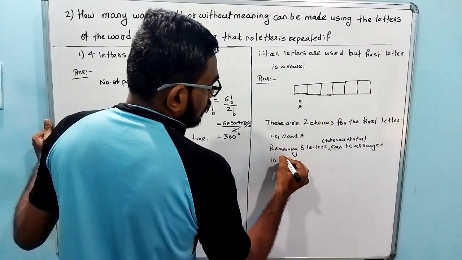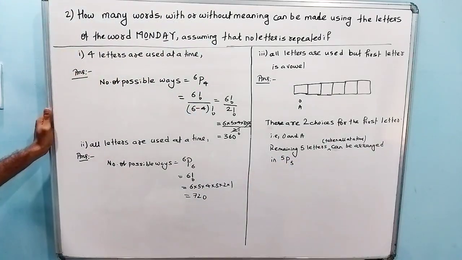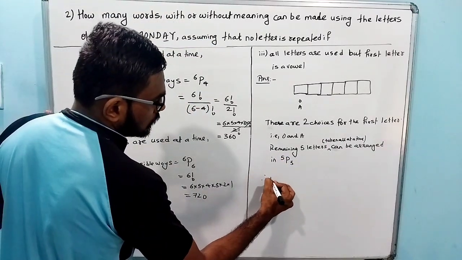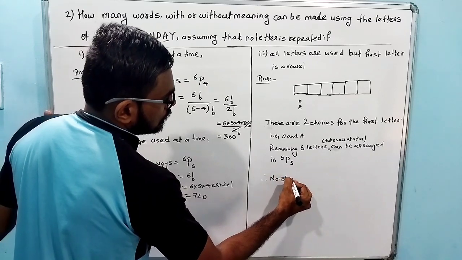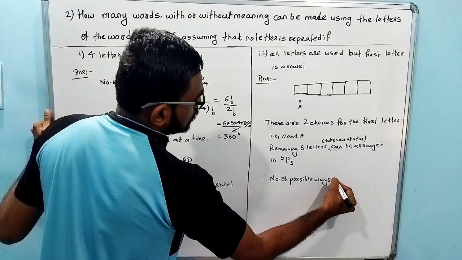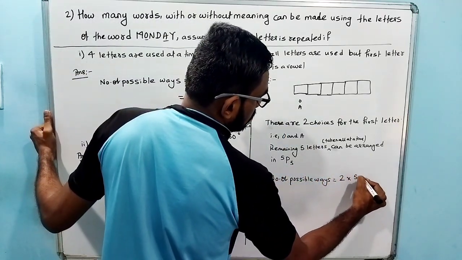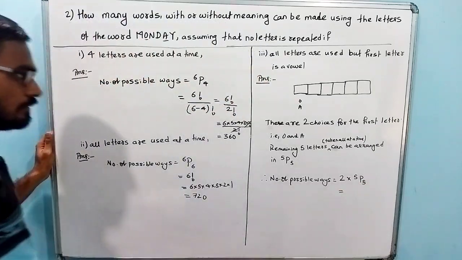See, 5p5, correct? 5 letters and 5 places. So 5p5. Therefore, number of possible ways, or total number of possible ways will be what? This into this. So 2 into 5p5. Okay, understood?